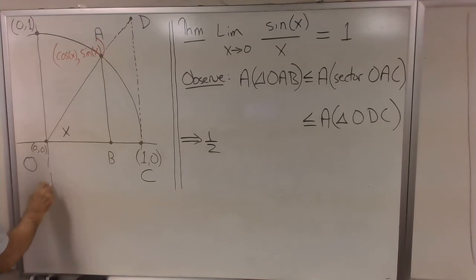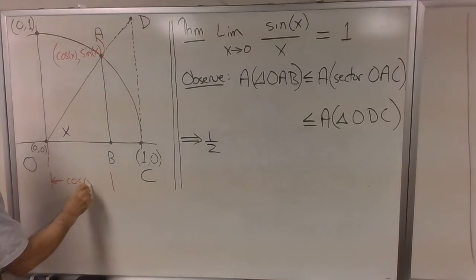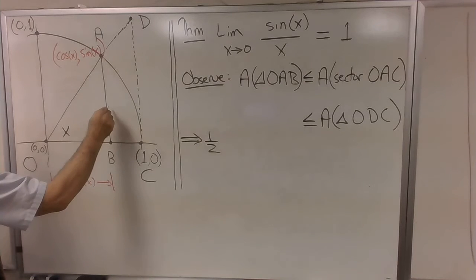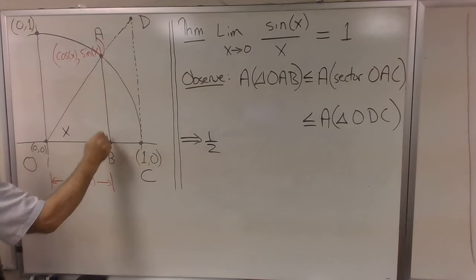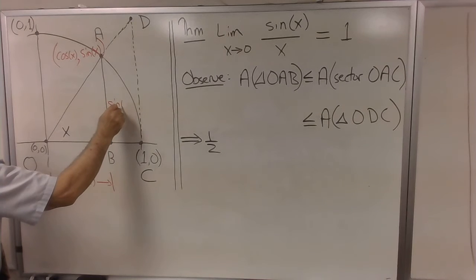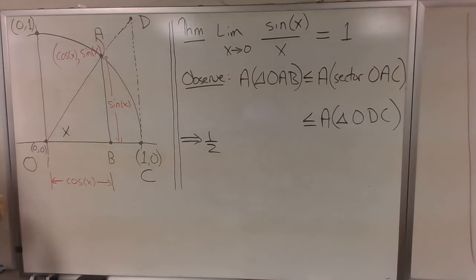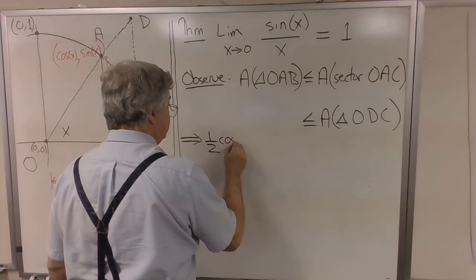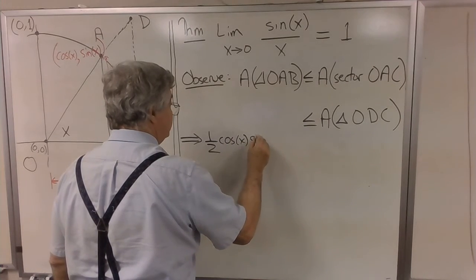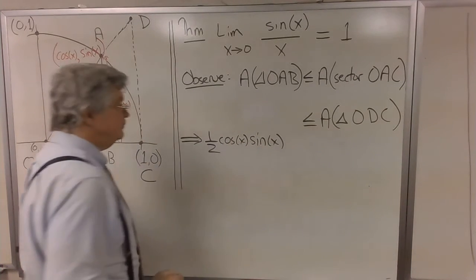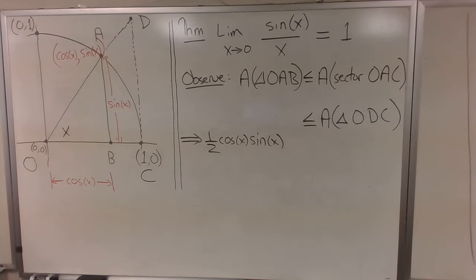So this distance right here, cosine of x, and this distance from A to B, sine of x. Oh, son of a gun, we got the base and the height. 1/2 cosine of x, sine of x. That's the area of triangle OAB.